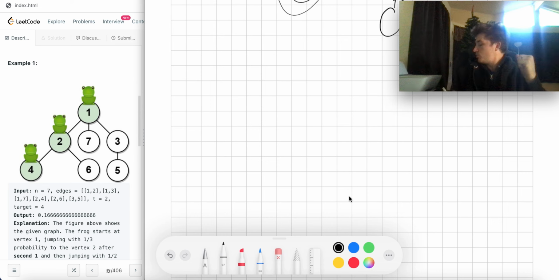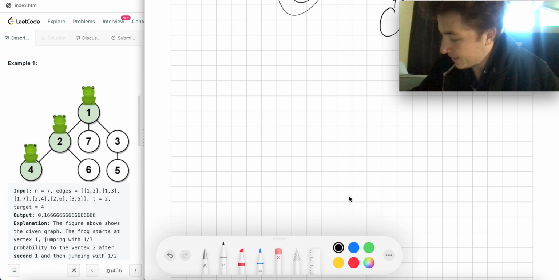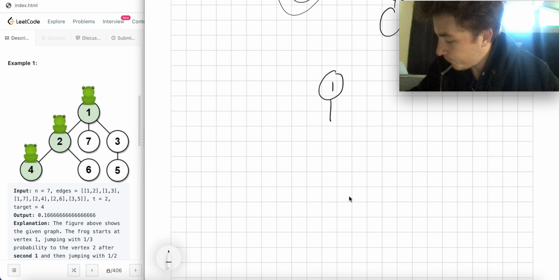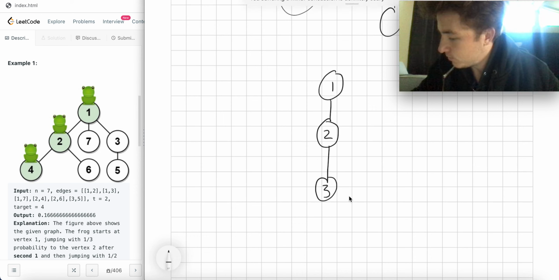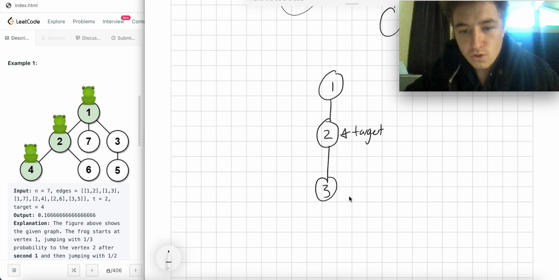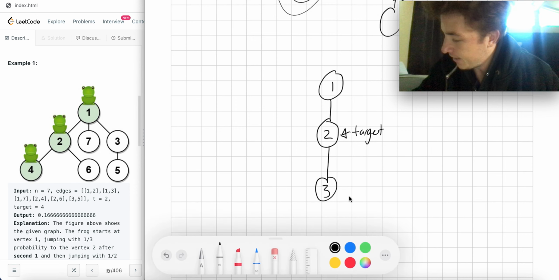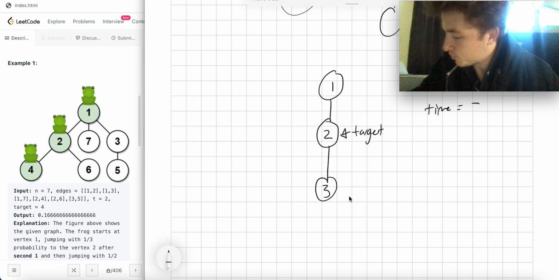One little thing that might fool you, a common mistake that I've made, is say we had a tree like this and our target is 2, right here. Imagine this is our target and our time equals 2.